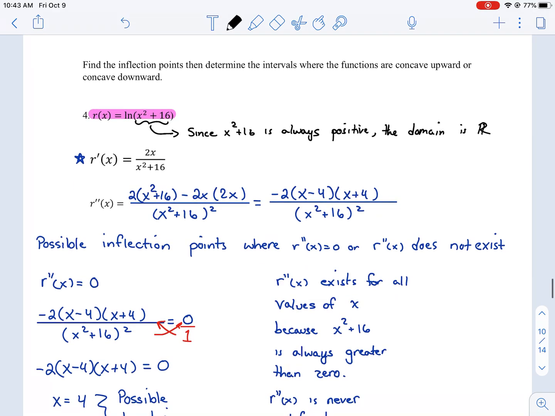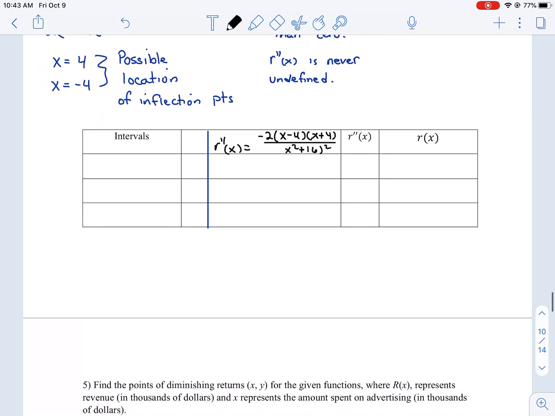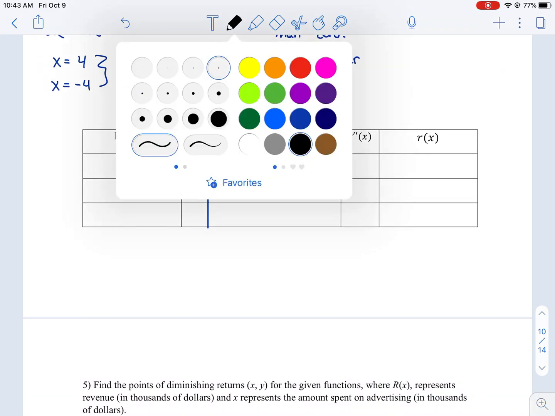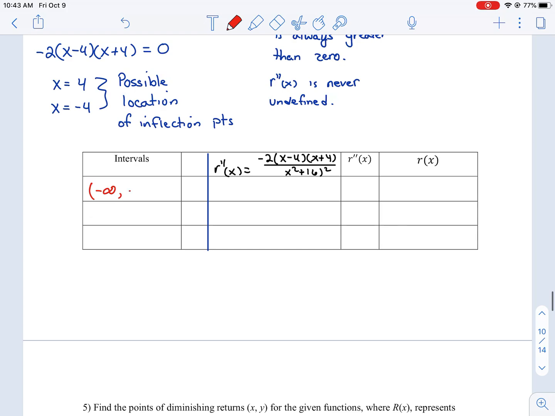All right, so now we're ready to write the intervals that we're going to test. So the first interval is going to start at negative infinity and then go to the smallest possible location of an inflection point. And in this case, that is negative 4.